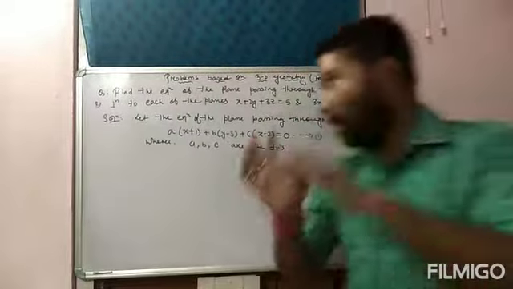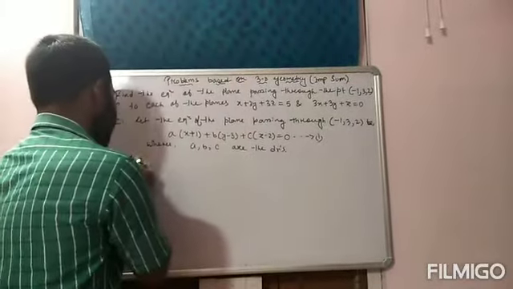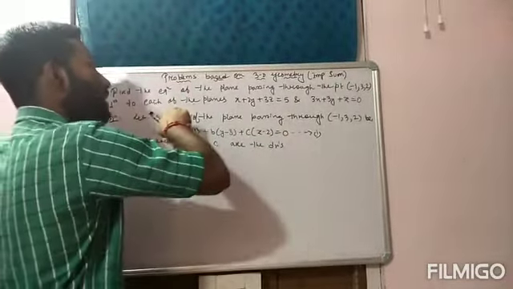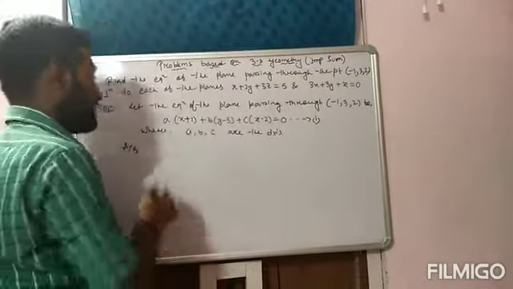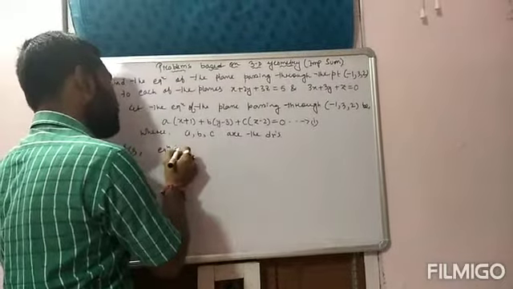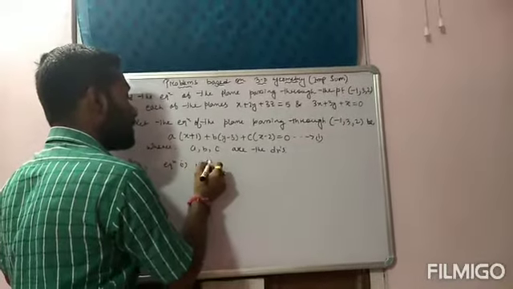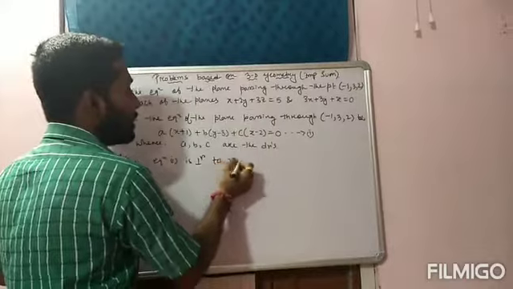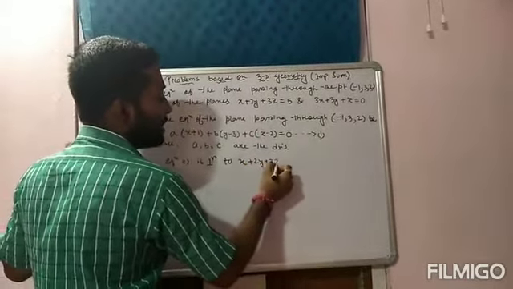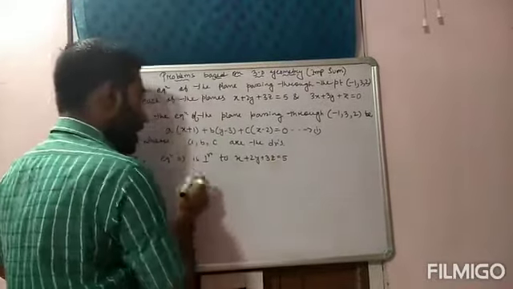Now, according to our question, equation 1 is perpendicular to each of these two planes. So according to the question, equation 1 is perpendicular to the first plane, that is x plus 2y plus 3z is equal to 5.